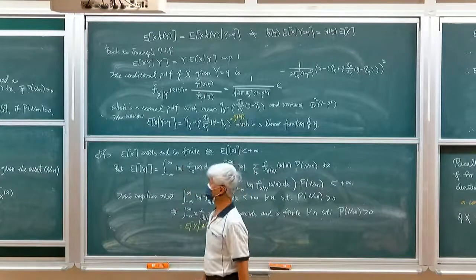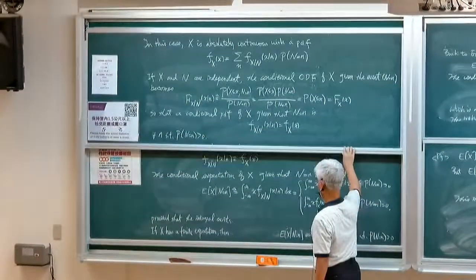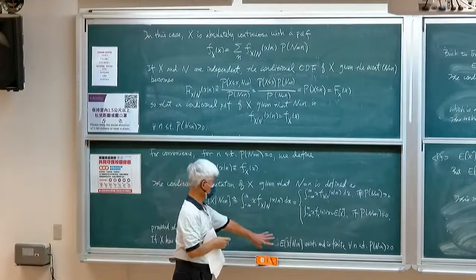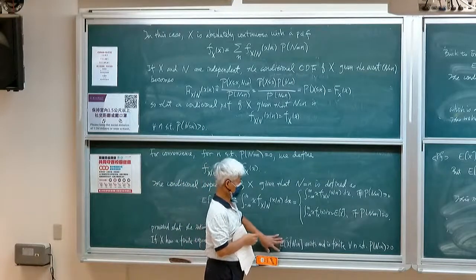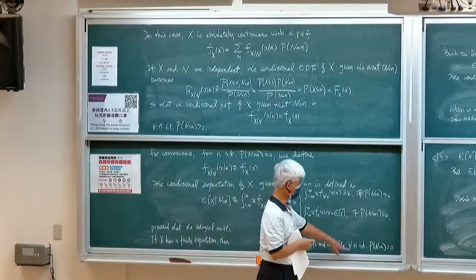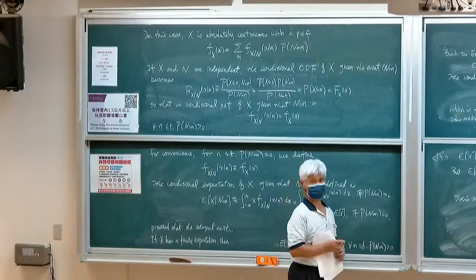So this shows that if x has finite expectation, then this conditional expectation exists and is finite for all n such that this probability is positive.